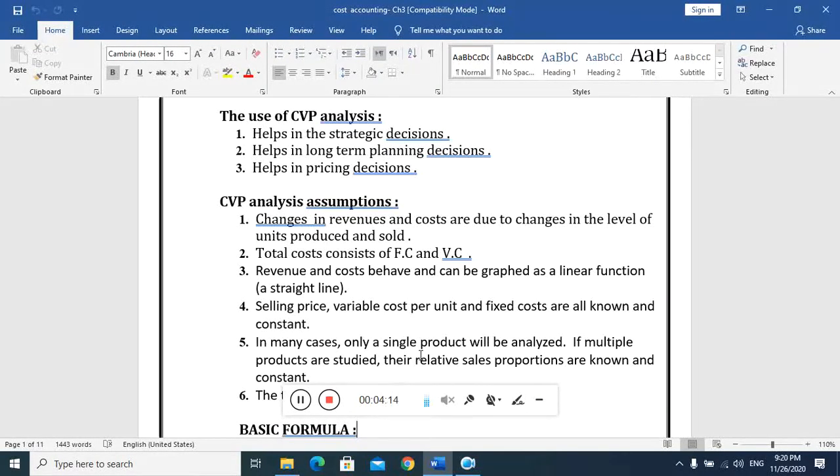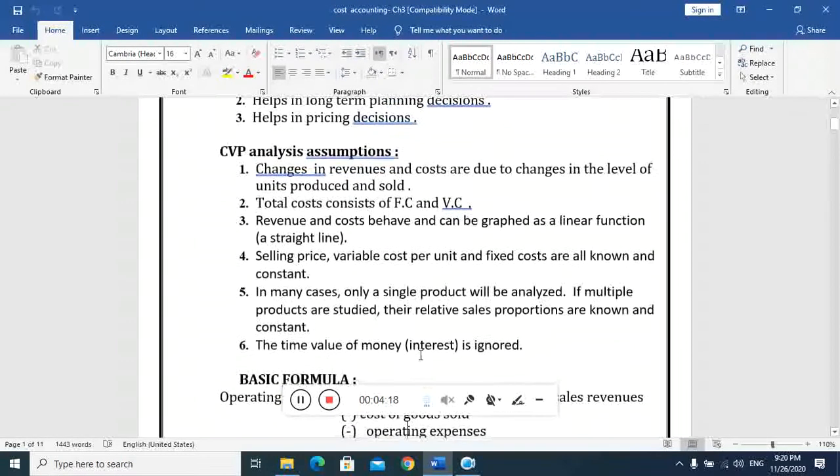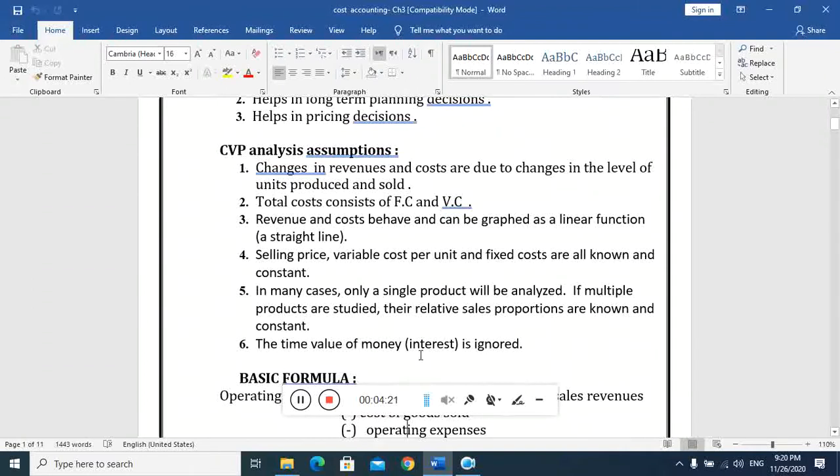If multiple products are studied, their relative sales proportions are known and constant. Number six, and finally, the time value of money is ignored. These are the six main assumptions for the CVP analysis.